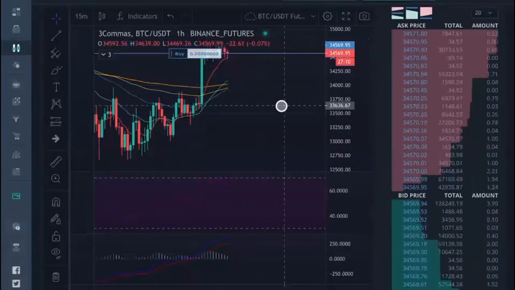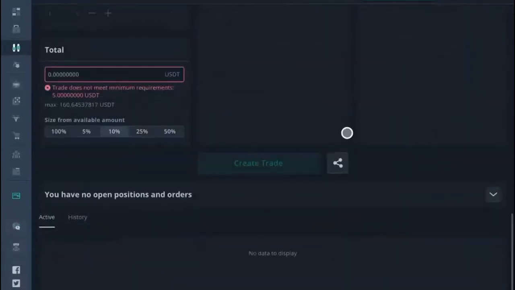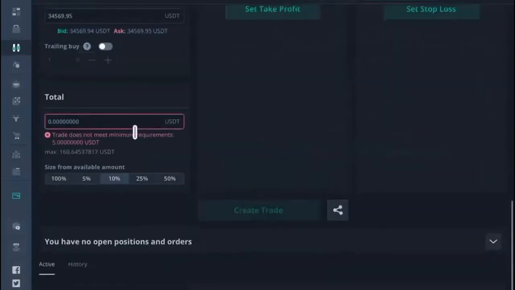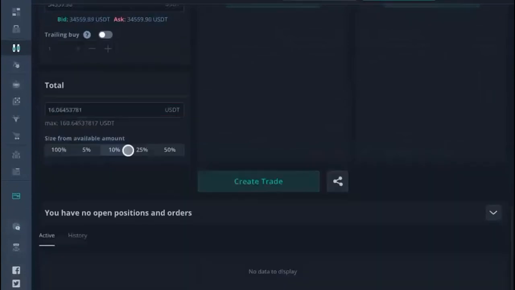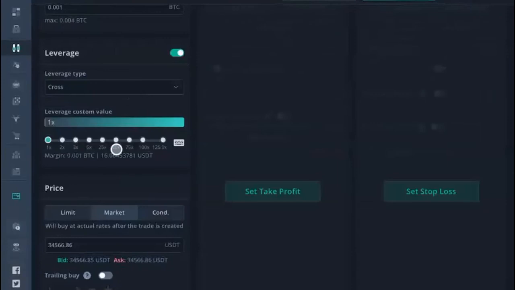Okay, so now we've got our BTC chart here. There it is. All right, it was taking a second to load up. Okay, so now in our BTC contract here on Binance, we can go up to 125x leverage, which is pretty insane.